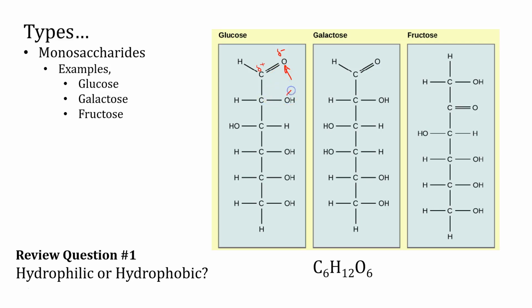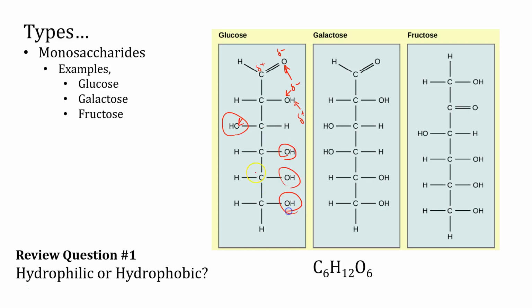And then we also have a whole bunch of interactions here with oxygen and hydrogen, and we know oxygen doesn't share fairly with hydrogen, so this would be a slight negative on the oxygen, and then that would leave the hydrogen with a slight positive charge, and that's going to be the case anywhere you see one of these.